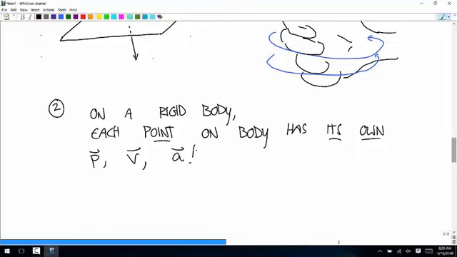But that's not true of the angular quantities, and that's a nice thing about working with these angular quantities. Those angular quantities do represent the entire body. So the entire body has the same angular position, angular velocity, and angular acceleration. Those represent the whole thing.